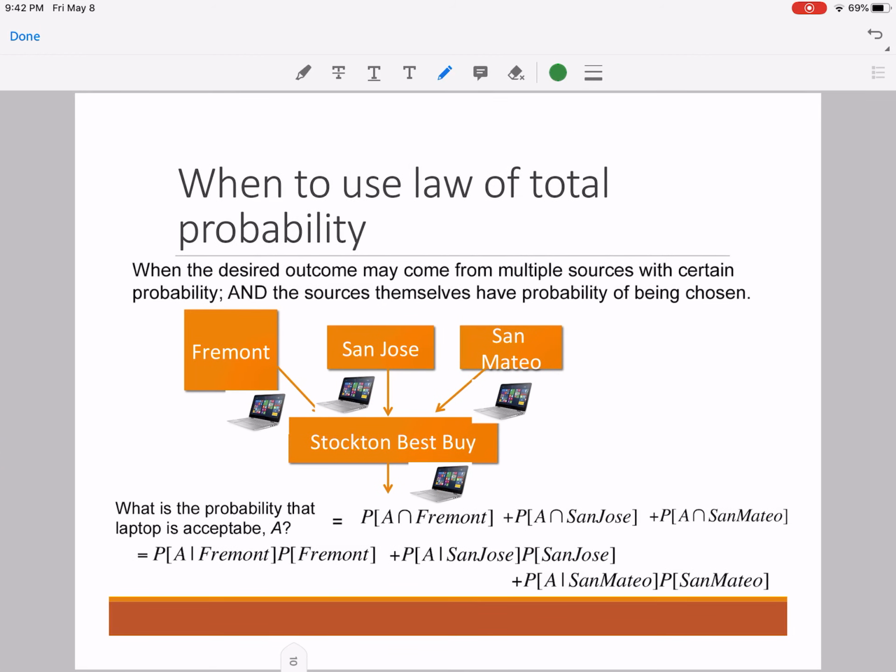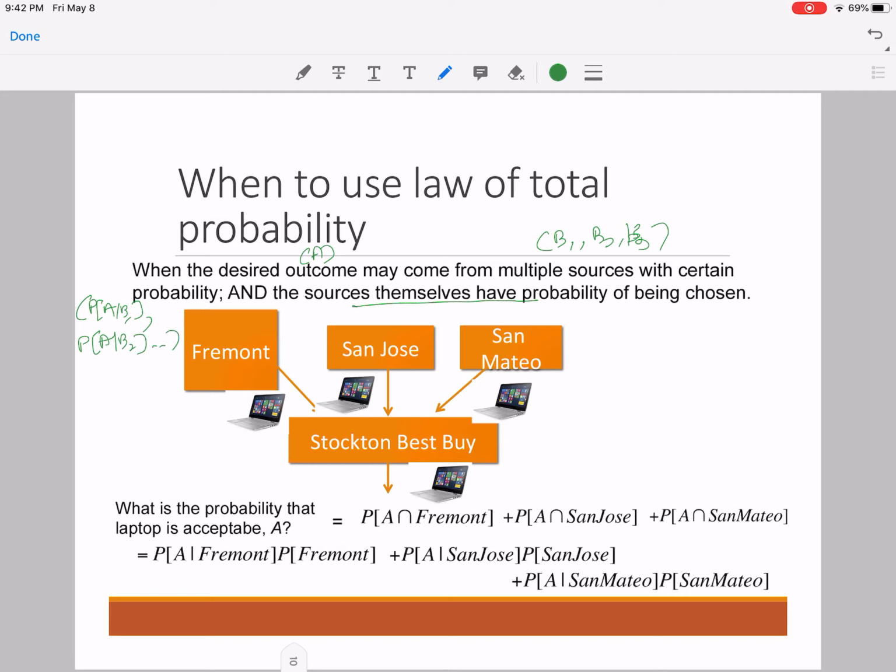Let's proceed further and really conceptualize when to use the law of total probability. The law of total probability is used in the following case. When the desired outcome, let's say A, may come from multiple sources, let's say B1, B2, B3, with certain probabilities, meaning the probability of A given B1, the probability of A given B2, and so on.